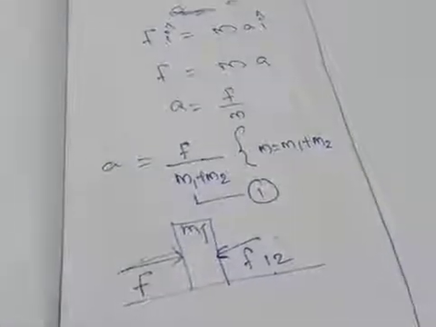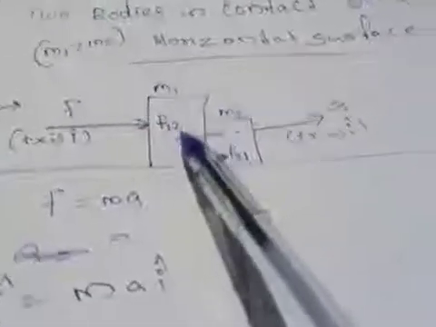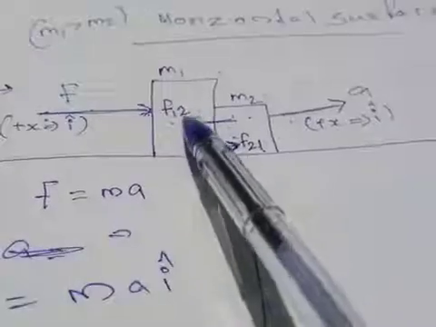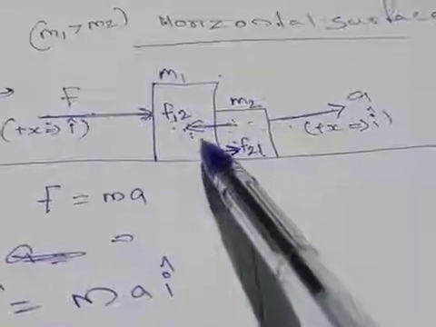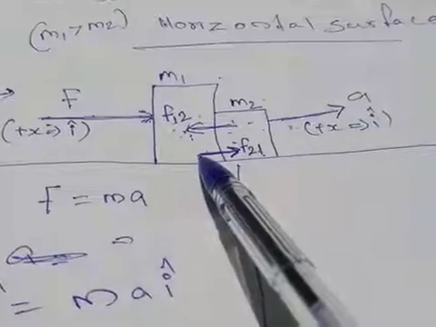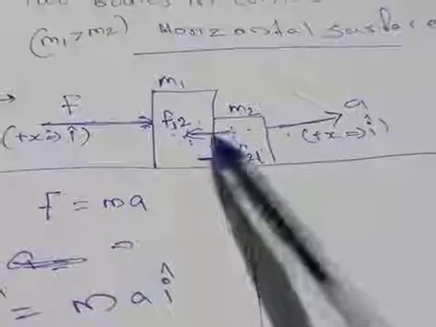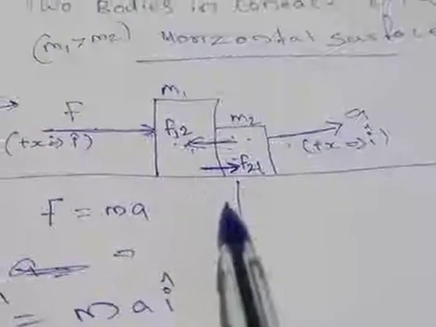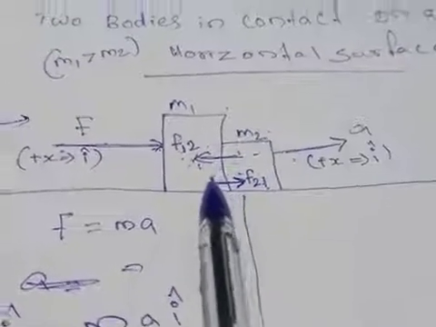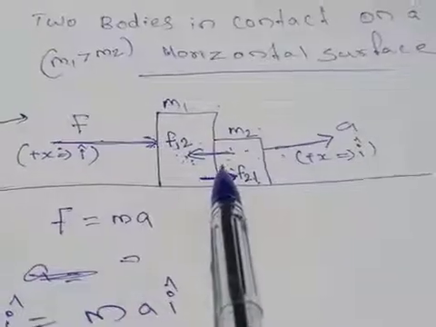There is a force exerted by the block m1 on m2 due to this motion, and this force we can call the contact force.